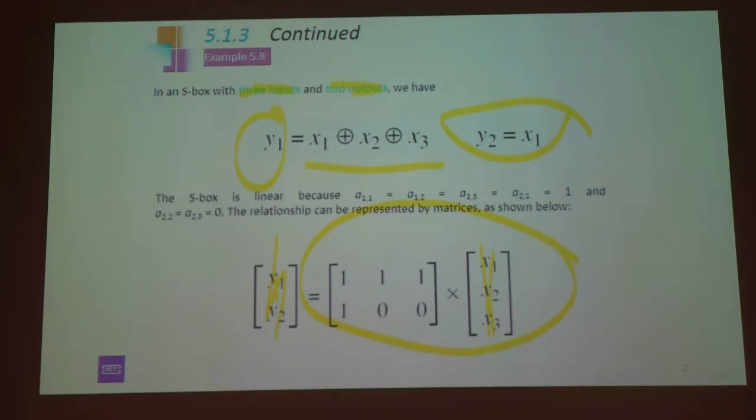Substitution means you're really substituting with something, but it has to be controlled. It comes as a result of an operation. In here we said y1 equals x1 XORed with x2 XORed with x3, but it could be anything. That's your design. You design how you're going to do the substitution.